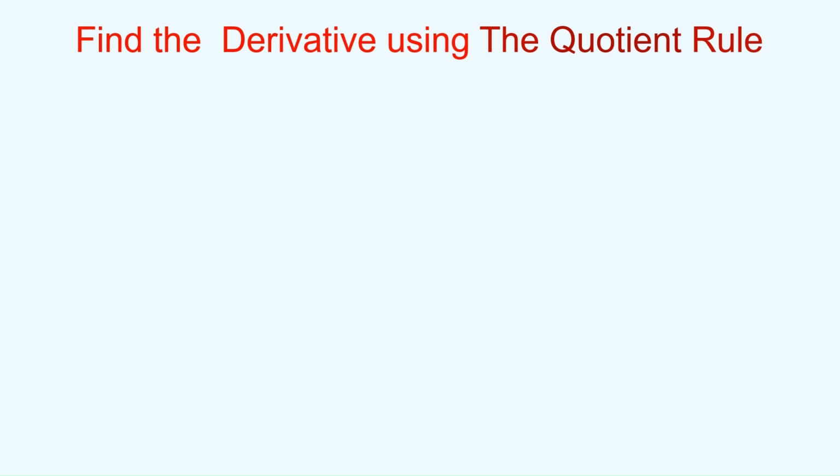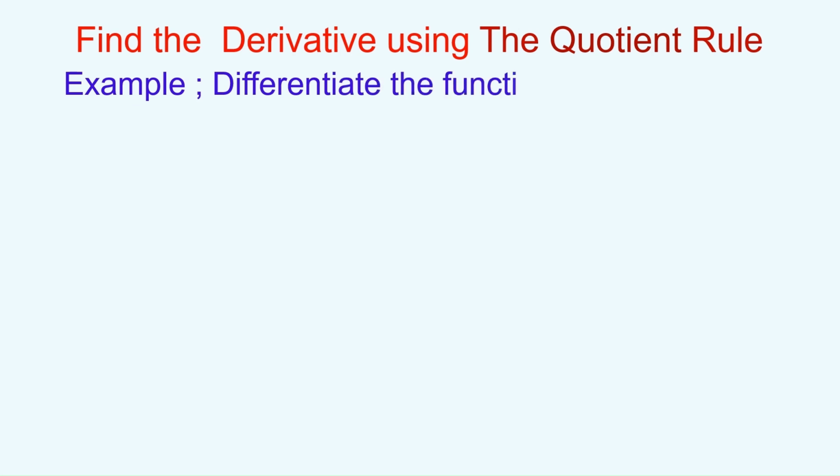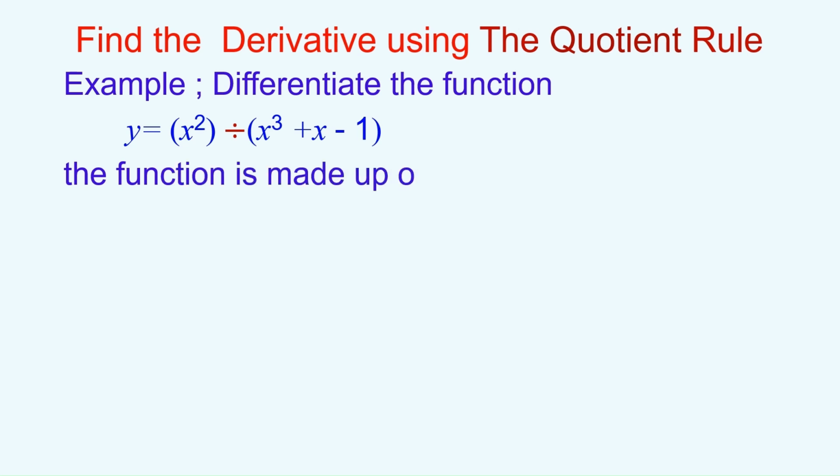Find the derivative using the quotient rule. Example: differentiate the function y = x² / (x³ + x − 1). The function is made up of two simple functions of x.